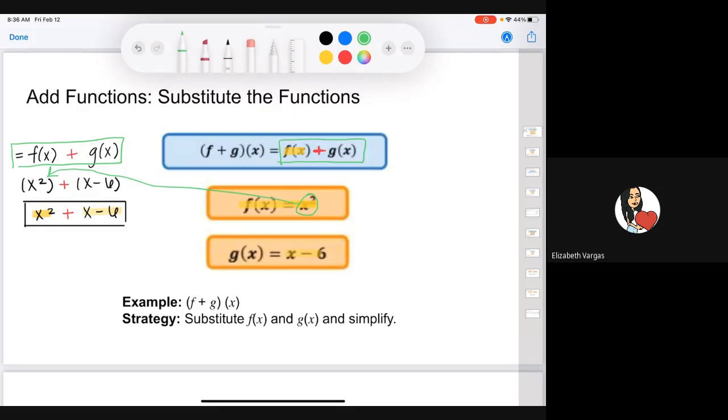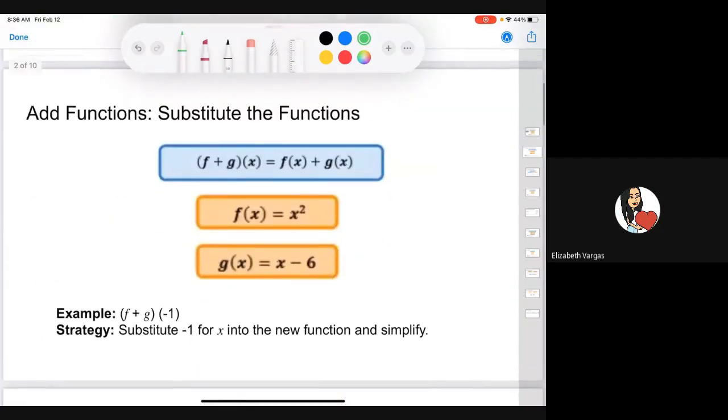And then I substitute my g(x). g(x) is x minus 6, so I substitute that right there. Then I don't have to simplify because I don't have any like terms, and that's where I end up on the last part. Did that help you? Yes? Okay, wonderful.